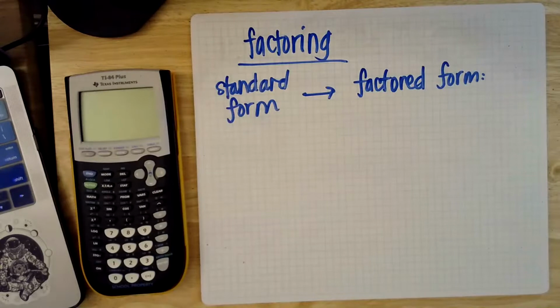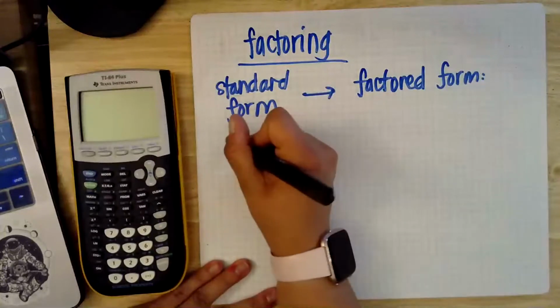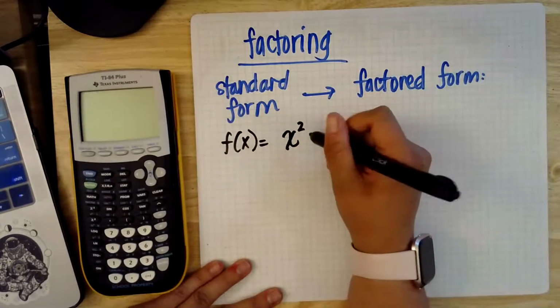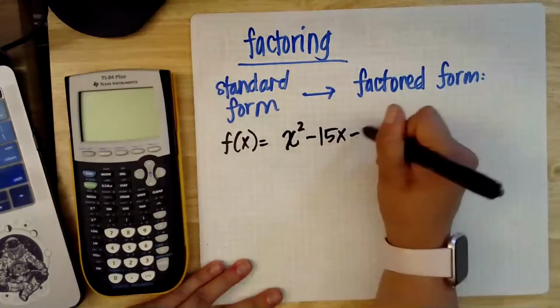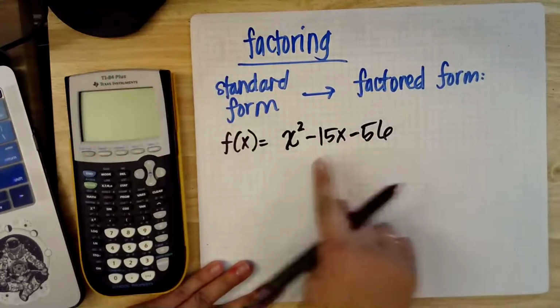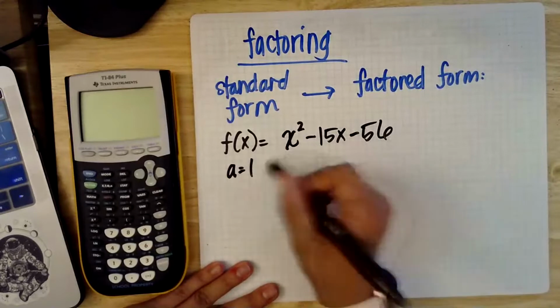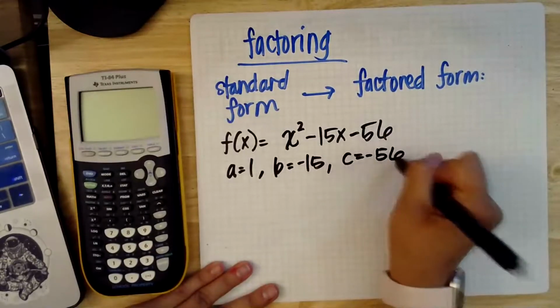Let's see. An example would be, let's say I have x squared minus 15x minus 56, and I want to turn it into factored form. Well, I do know that a is equal to 1, b is equal to negative 15, c is equal to negative 56.